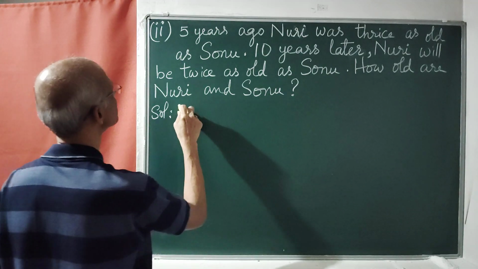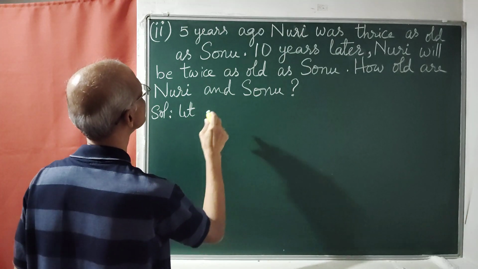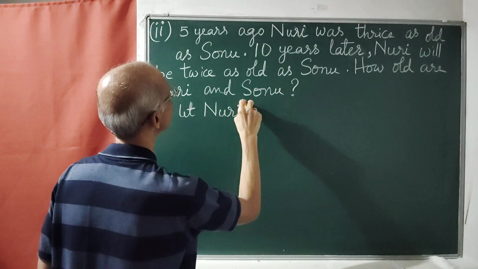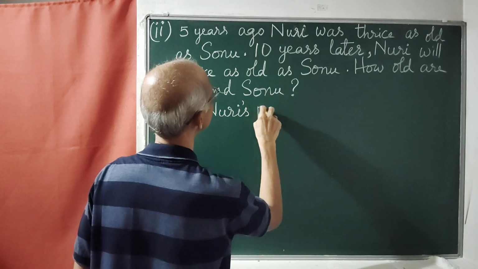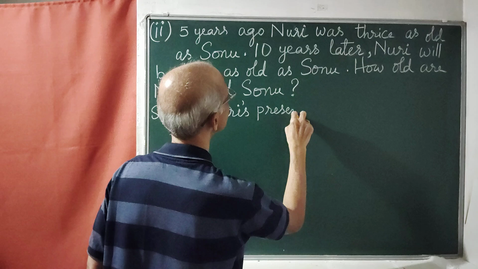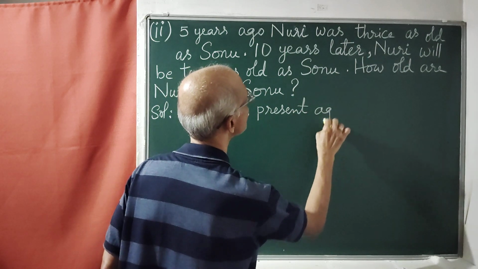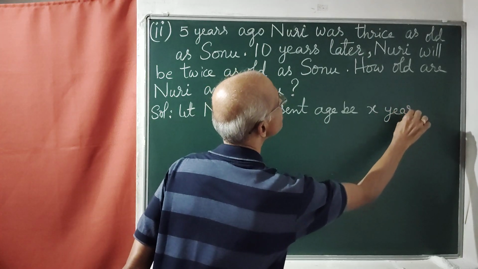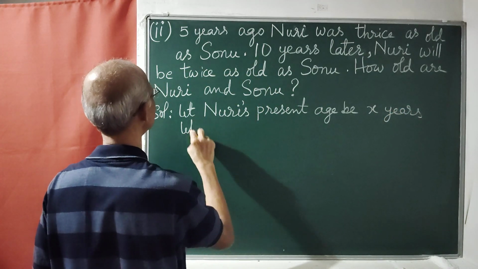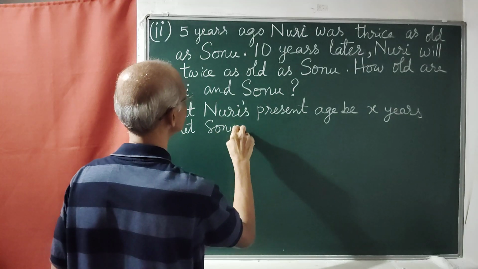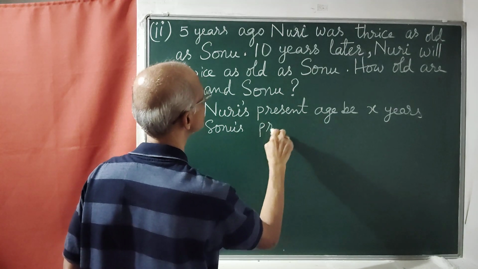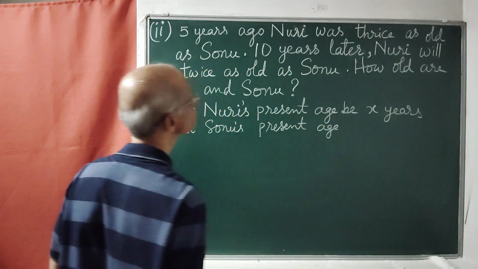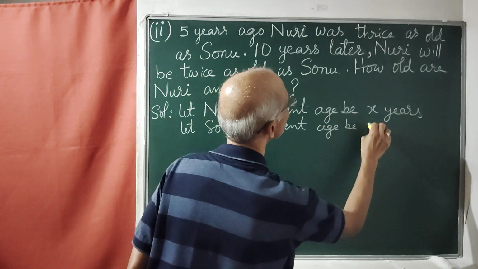So let Noori's present age be X years. Let Sonu's present age be Y years.